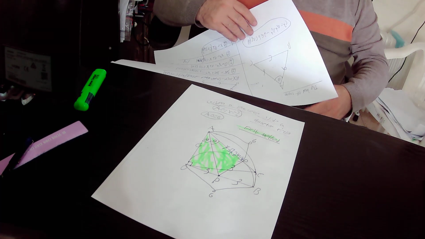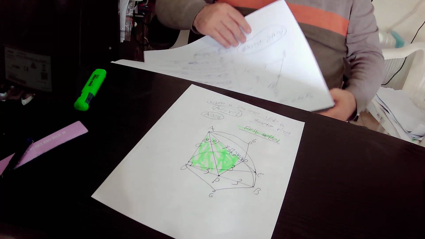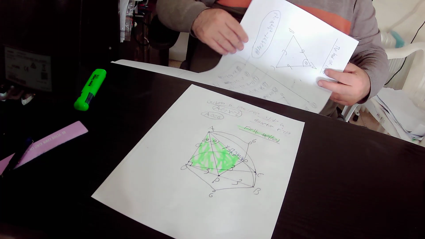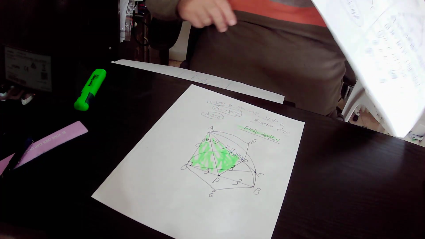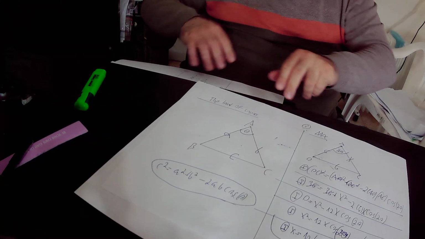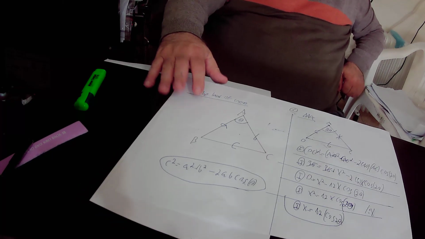Then we joined points O and C together by a straight line. I presented to you the law of cosines, and we implement it in this triangle AOC. So what is the law of cosines? It is true in any triangle.